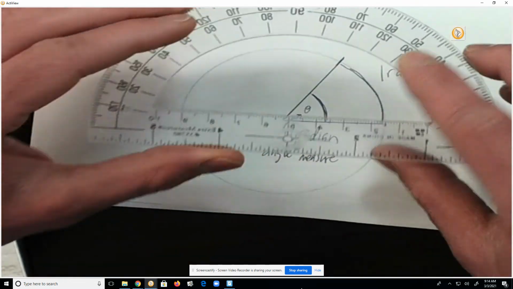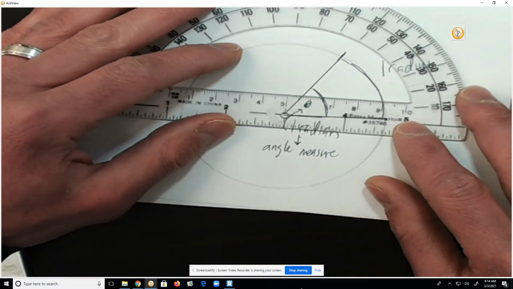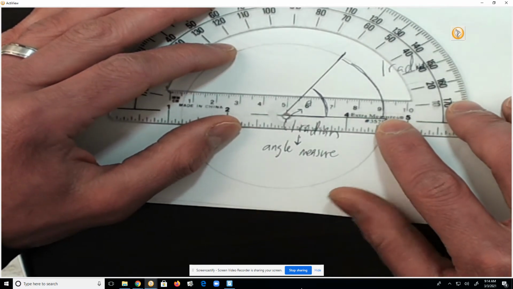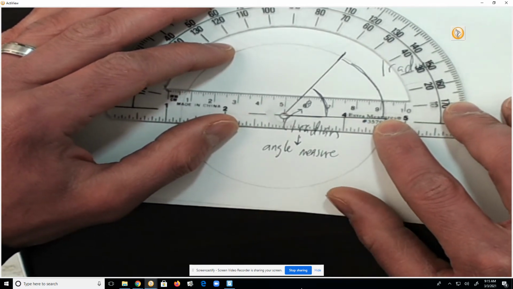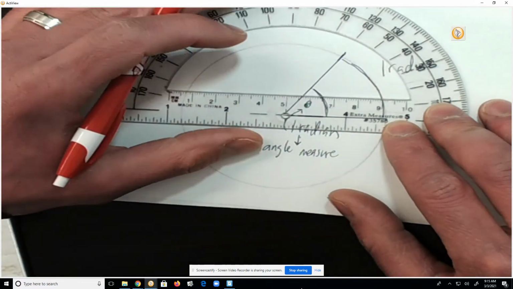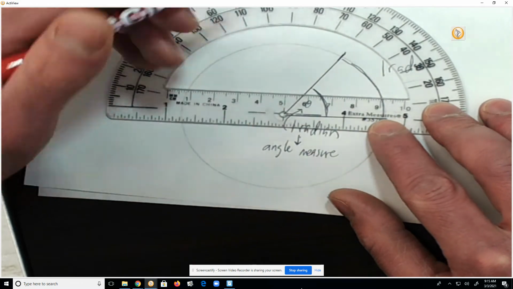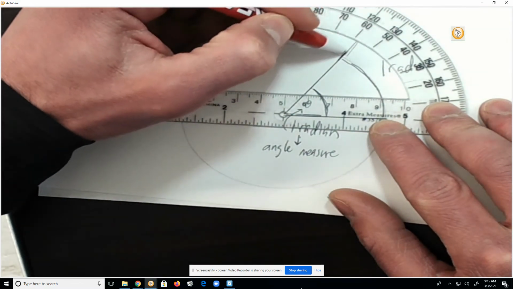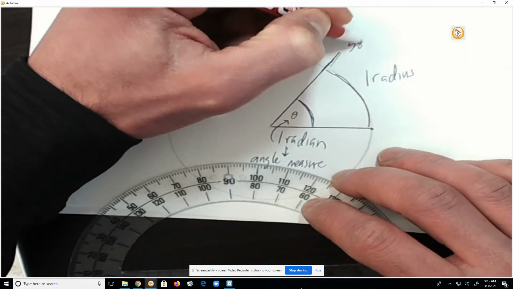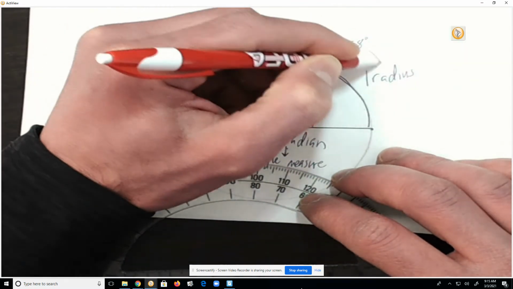So now I can actually see what this would be in degrees. And when we're looking at it this way, degrees seem kind of arbitrary, right? If I measure this, it looks like my measurement is pretty good. If I extend this line a little off, maybe it's about 58 degrees. We'll figure out next class exactly what that is.